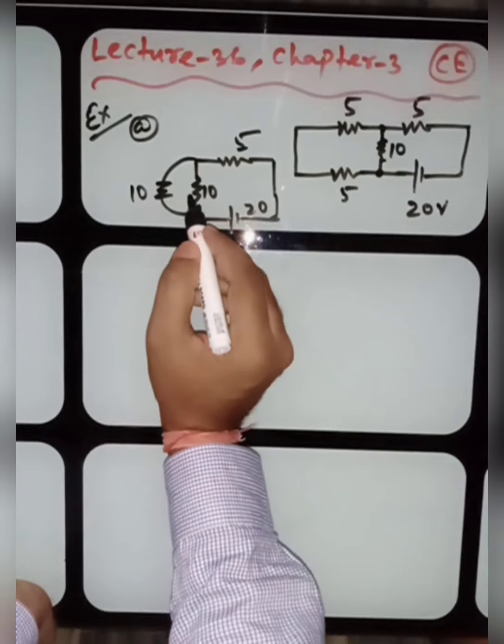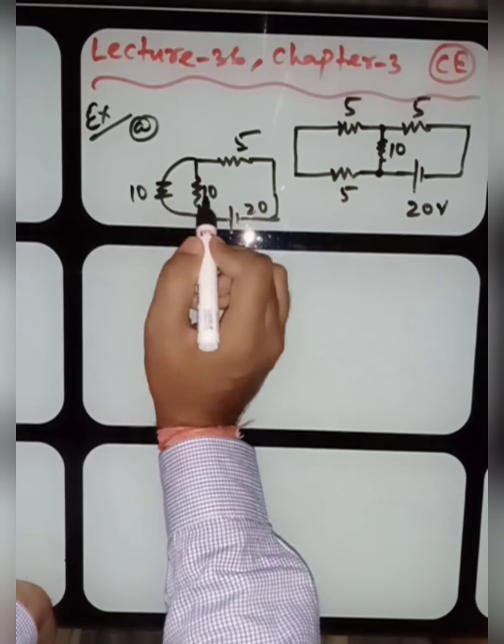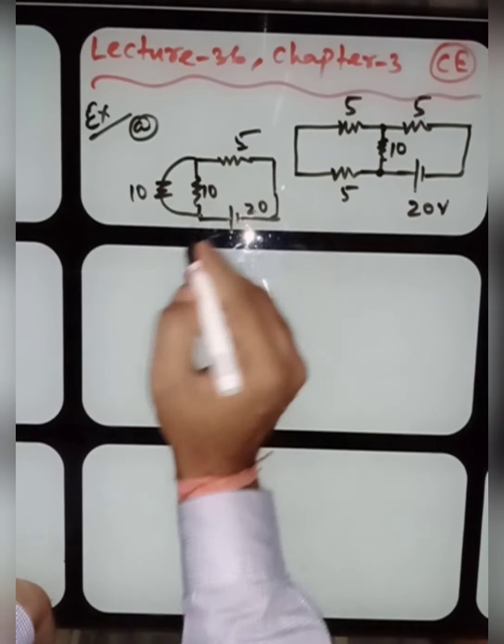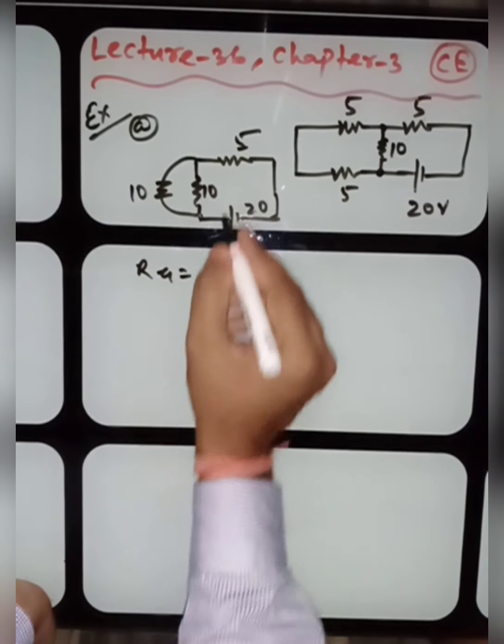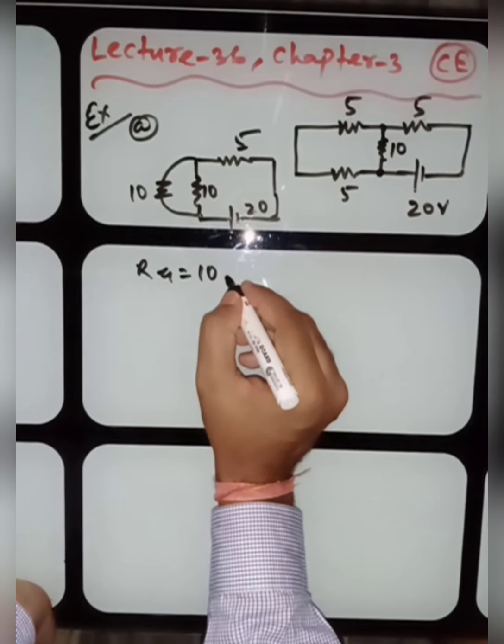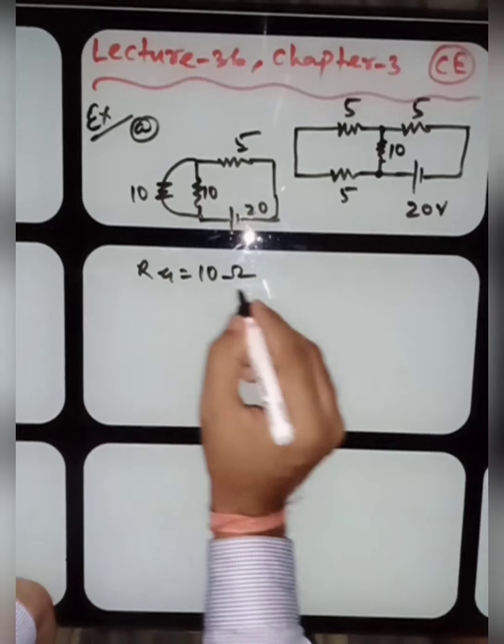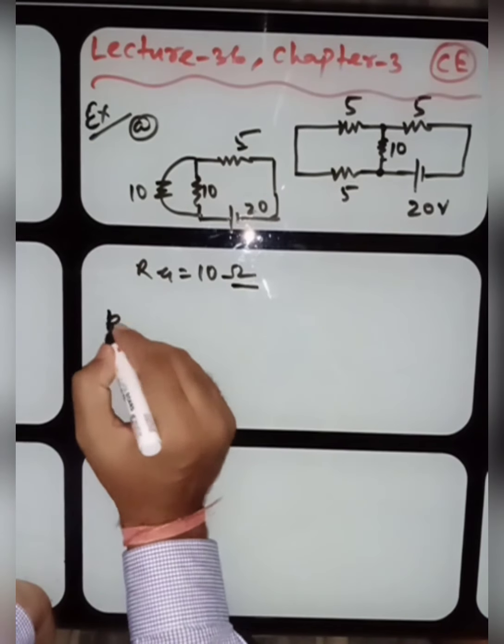Now this 10 and 10 will be how much? This 10 and 10 will be 5, and this 5 is already connected, so the R equivalent will be 5 plus 5, it is 10 ohm. So the first answer, the total resistance, is 10 ohm.